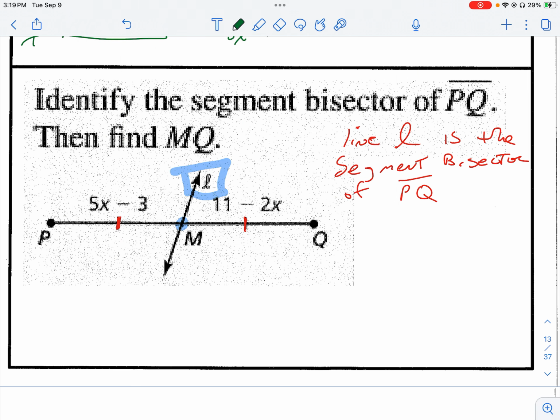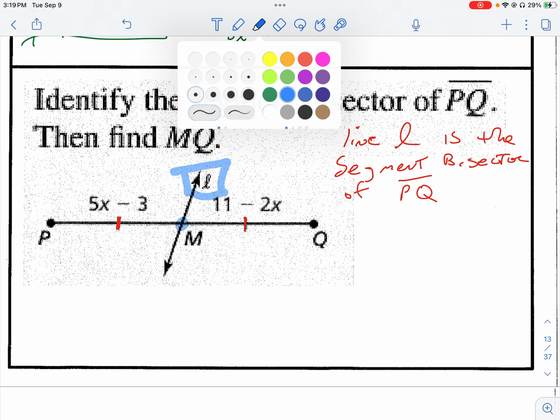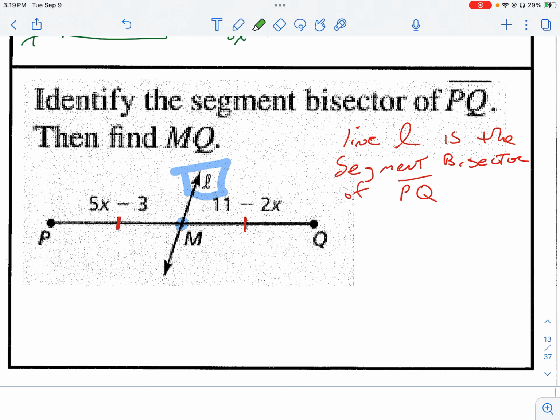And now we got to find MQ, which is this right here. Well, we have two congruent segments. We have formulas for, so we can go PM equals MQ. 5x minus 3 equals 11 minus 2x. Get the x's on the same side.